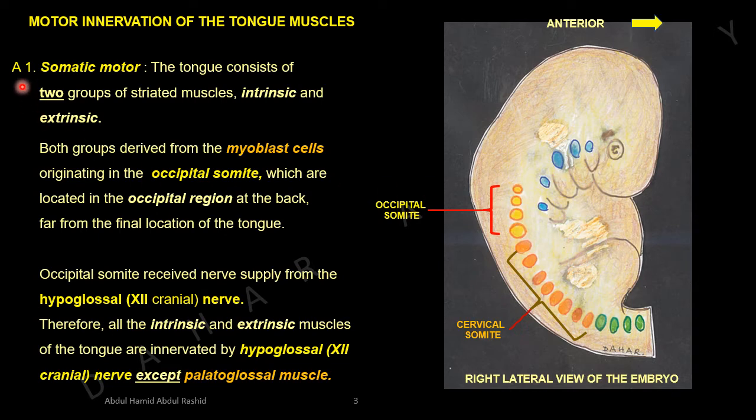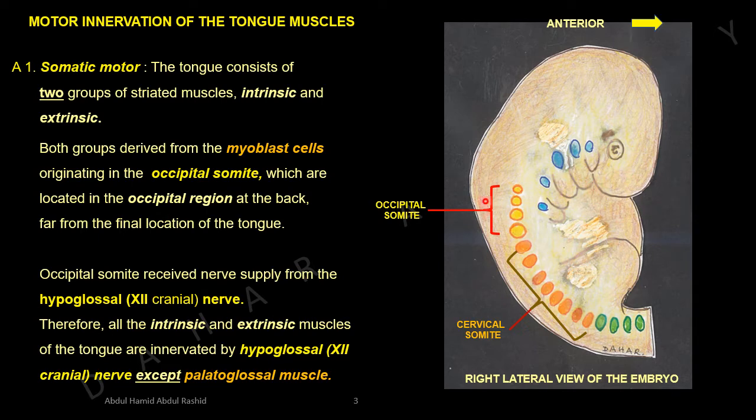A1. Somatic motor. The tongue consists of two groups of striated muscles, intrinsic and extrinsic. Both groups derive from the myoblast cells originating in the occipital somite, which are located in the occipital region at the back, far from the final location of the tongue, which will be in front.